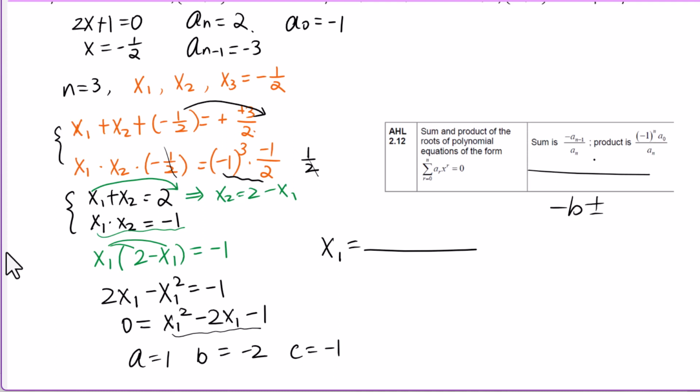-b plus or minus the square root of b^2 - 4ac, over 2a.